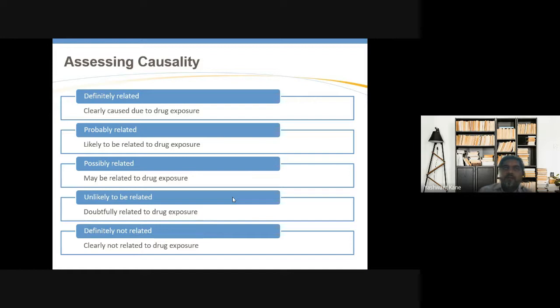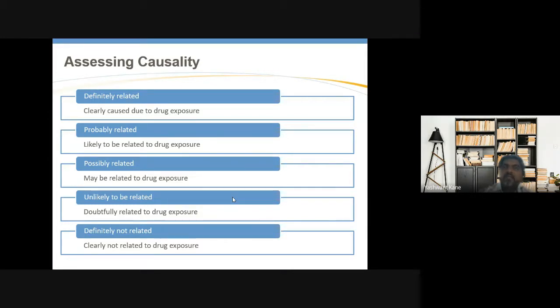Unlikely to be related: there are two products involved, but for product A, it's not the nature or the pharmacological action of the product that can cause the adverse event. For example, I took paracetamol and diclofenac, and I had a bleeding event through my vomit. Vomiting can be caused by paracetamol, but not the bleeding.